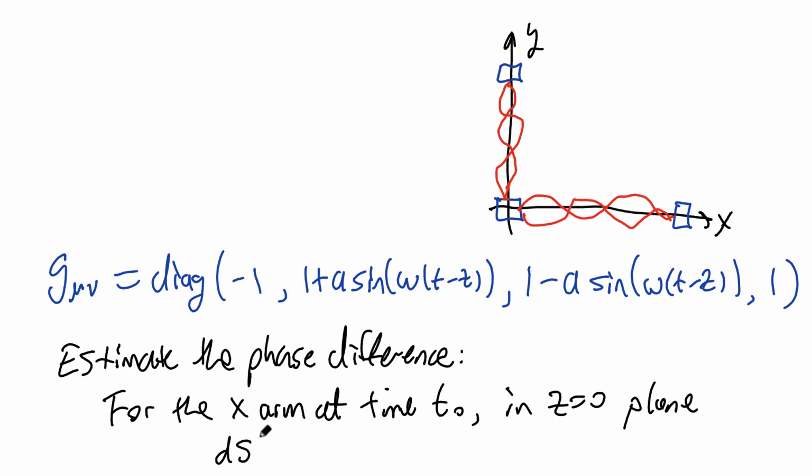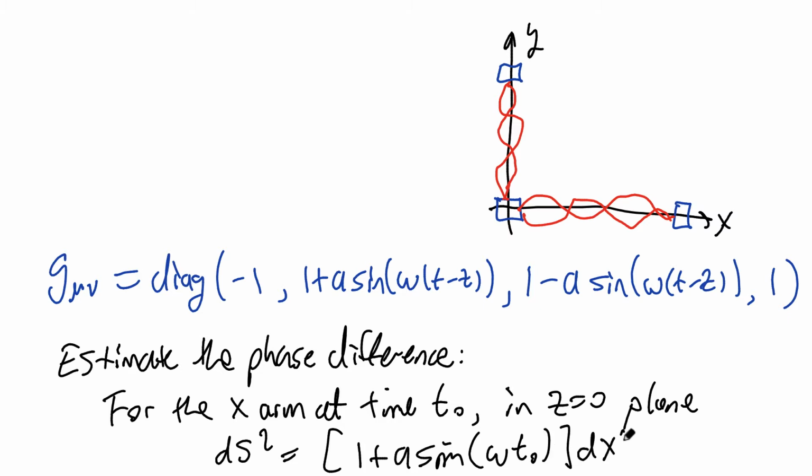Then from the line element, we have ds squared equals 1 plus a times sine of omega t minus z, but t is t0 and z is 0. All of that times dx squared. We'll also assume that this test mass sits at a coordinate location x equals L. Remember, in the TT coordinates, the transverse traceless coordinates, the freely falling particles remain at a constant coordinate location as the gravitational wave passes by.